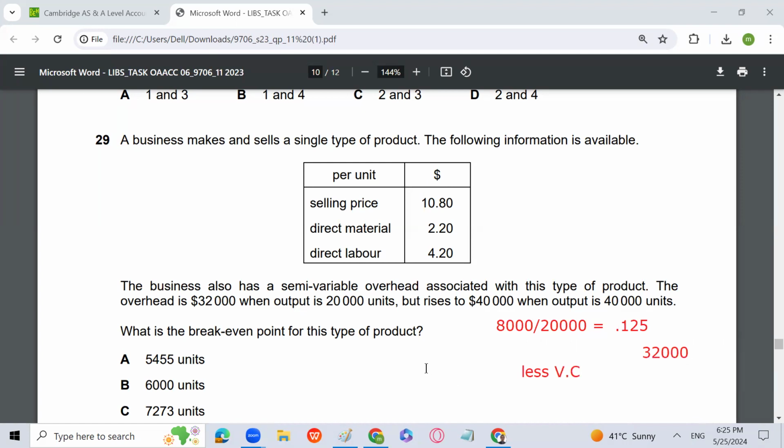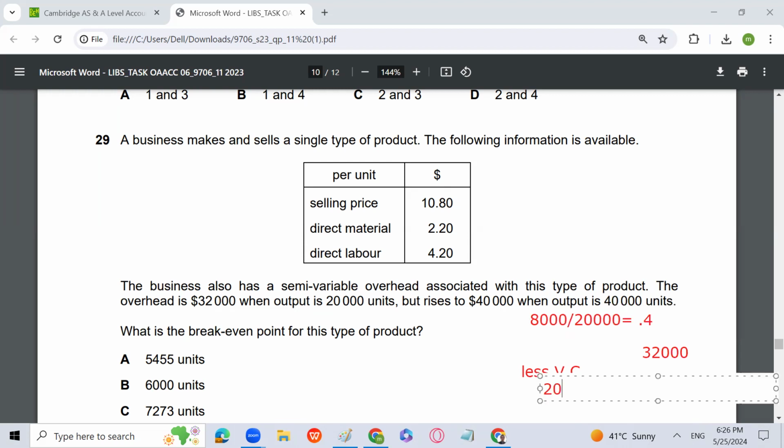That is 20,000 into... 0.4, okay. So that is going to be 0.4 actually. Let me correct it. Change in cost is 8,000 and change in units is 20,000. So 0.4 will be the variable overhead rate.